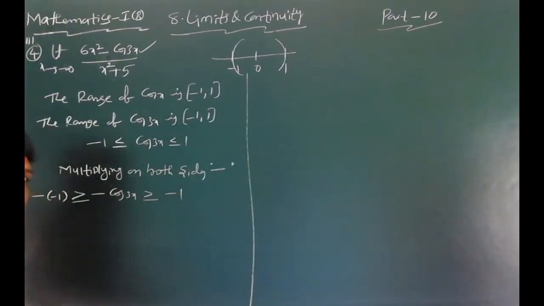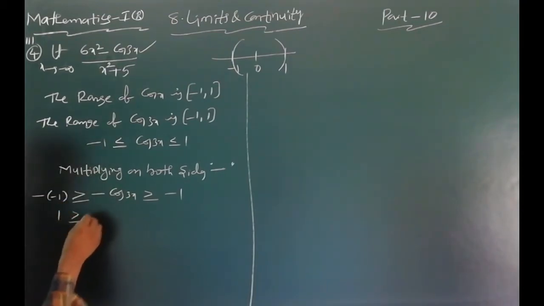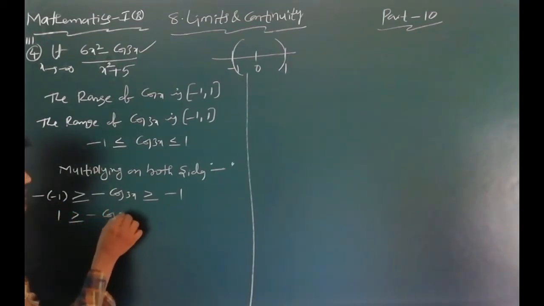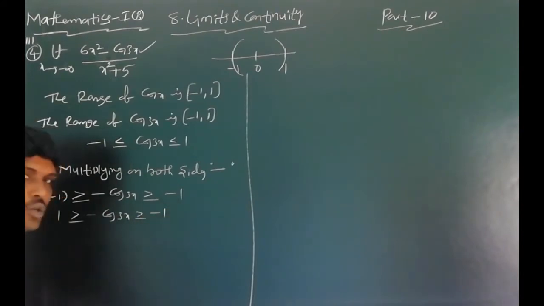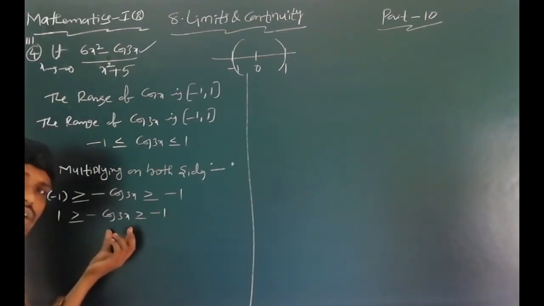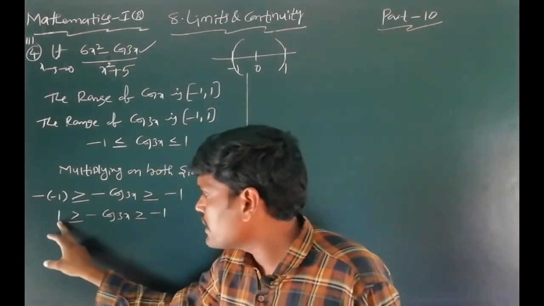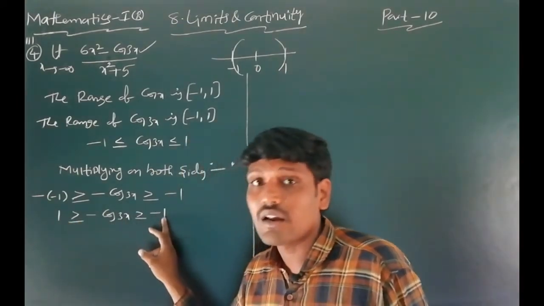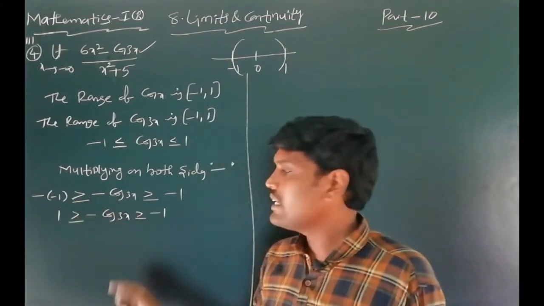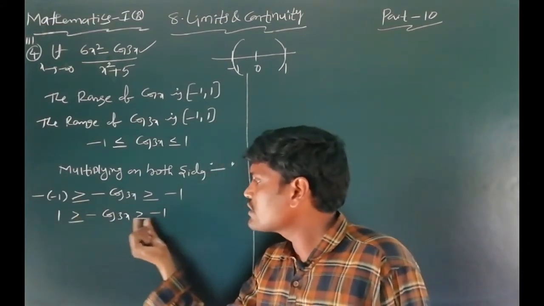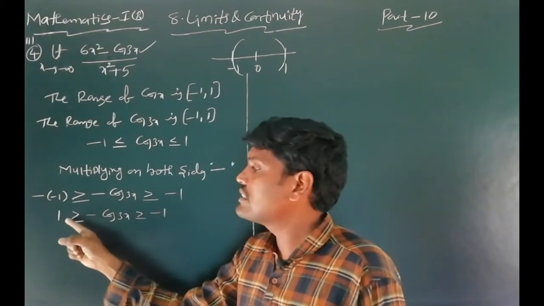Minus of minus 1 is 1, greater than or equal to minus cos 3x, greater than or equal to minus 1. What is the meaning of this? Minus cos 3x lies between minus 1 and 1. Minus cos 3x is equal to minus 1 or more than minus 1, and equal to 1 or less than 1.